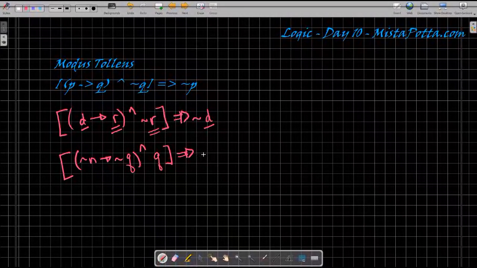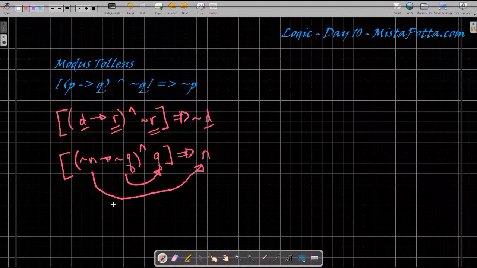The negation of negation N, by the property of double negation, is just N. Again, what's important is that these have to be negations of each other, as do these terms.